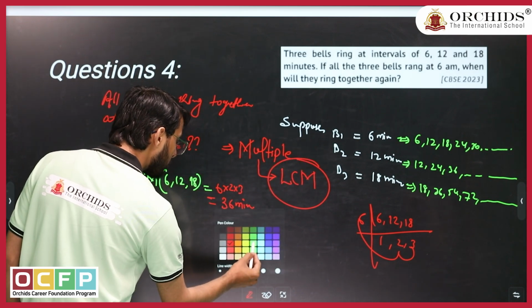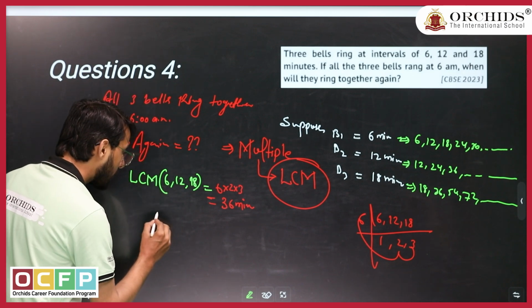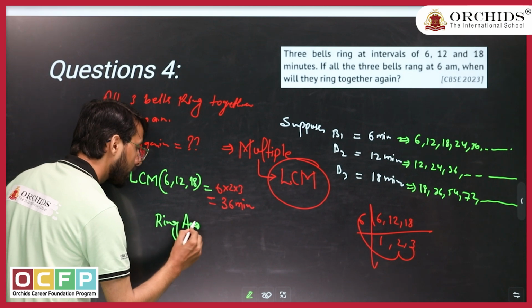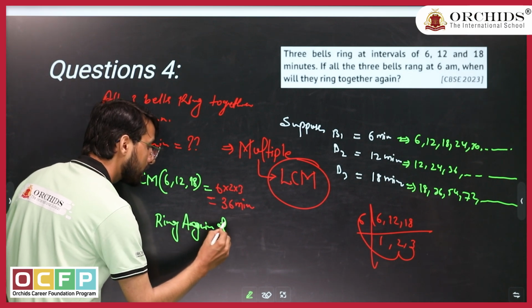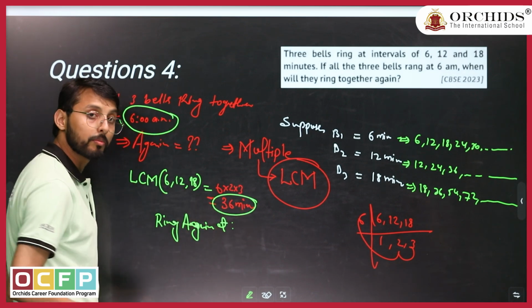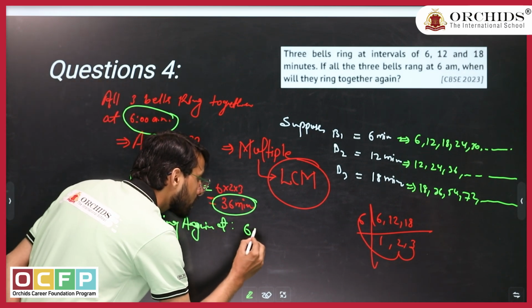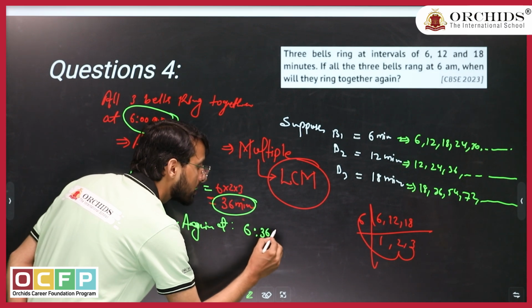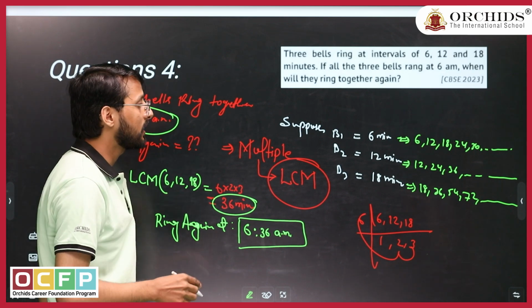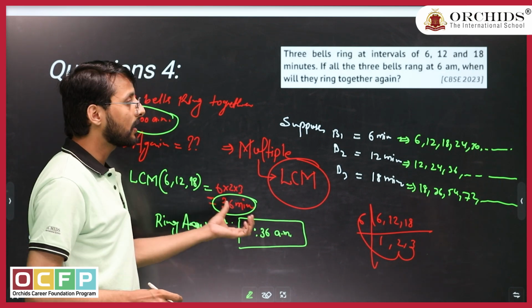After 36 minutes means what? They rang at 6 am, now add 36 minutes, so they ring again at 6:36 am. 36 minutes is common in all.